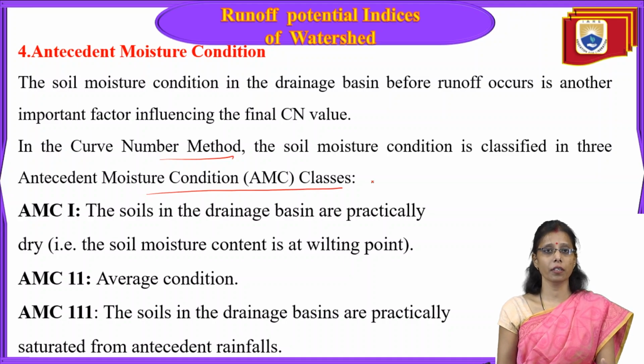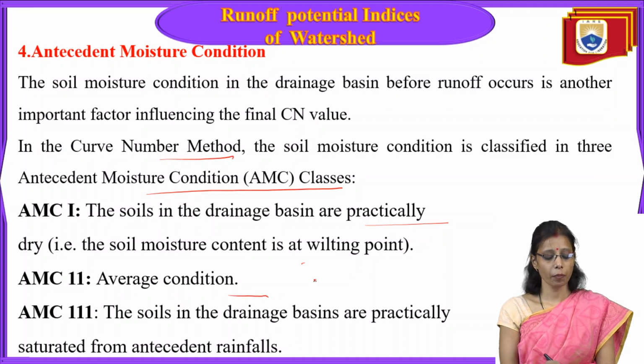Number one, AMC 1: the soil in the drainage basin is practically dry, and the soil moisture content is just at the wilting point. AMC 2: average conditions of the soils.